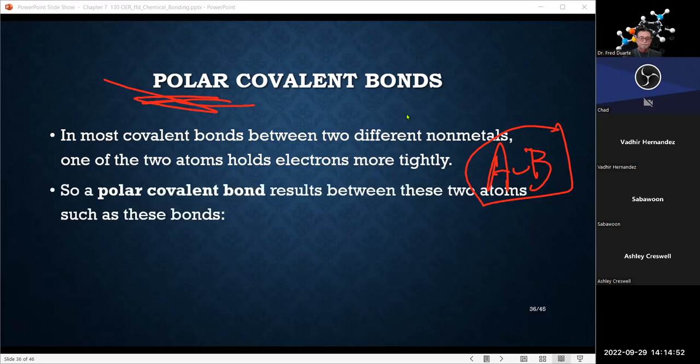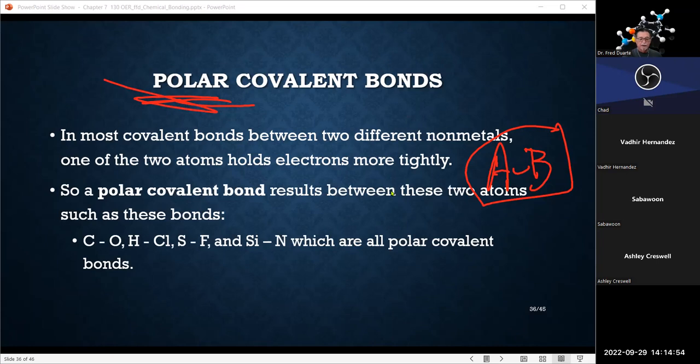Okay. And things like carbon oxygen, hydrogen chloride, sulfur fluoride, silicon nitrogen, anything that's 2 different nonmetal elements bonded together.